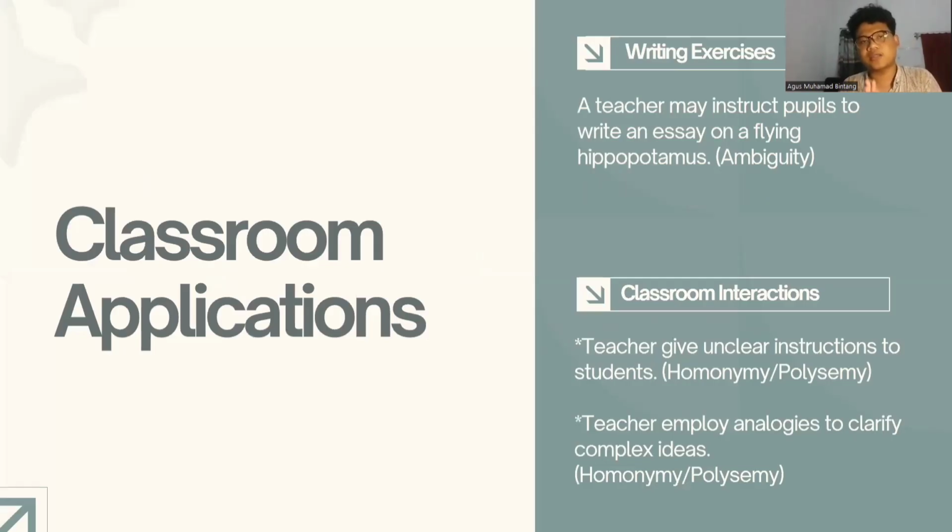Second is the classroom application of semantics. It's not about the material, vocabulary about antonyms and synonyms. No, it can also be figurative meaning from the teacher. For example, in a writing exercise, a teacher can instruct pupils to write an essay on a flying hippopotamus.